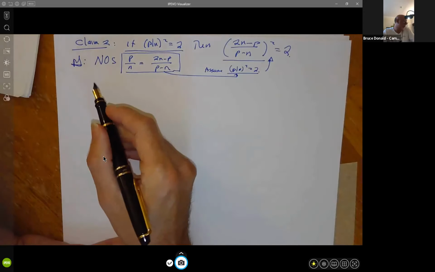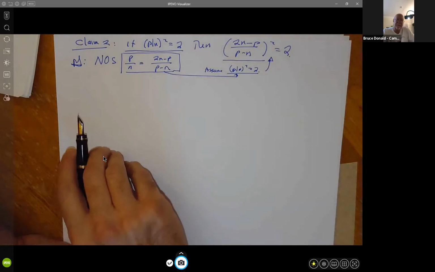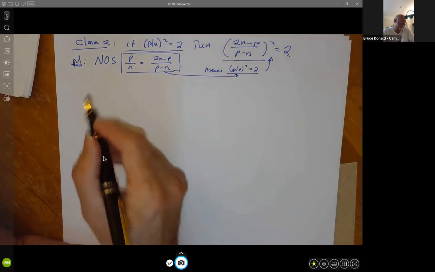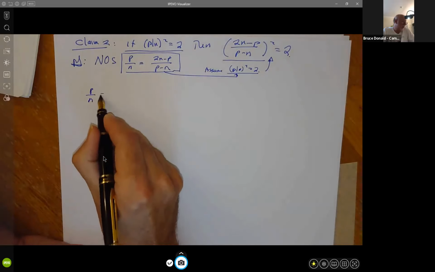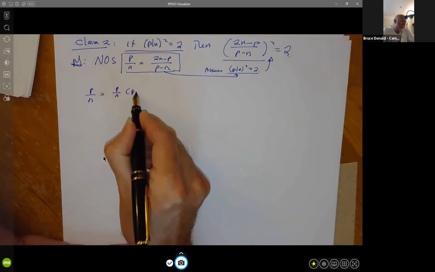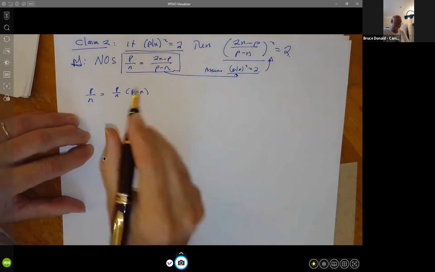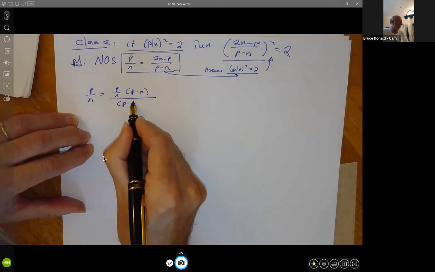Okay, so let's just do it. This is very similar to what my colleague put up recently, the first one. Let's take P over N. That's equal to P over N, multiplied by P minus N, but we have to make sure we haven't changed anything, so P minus N in the denominator, right?